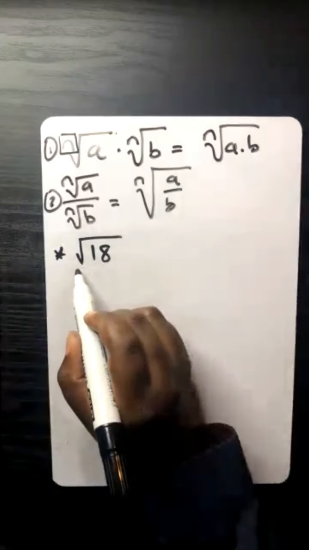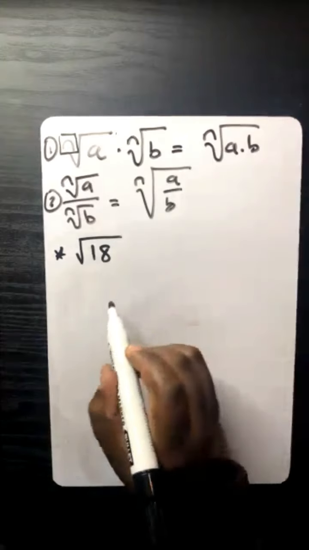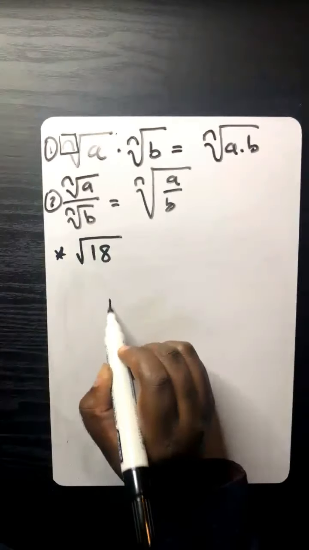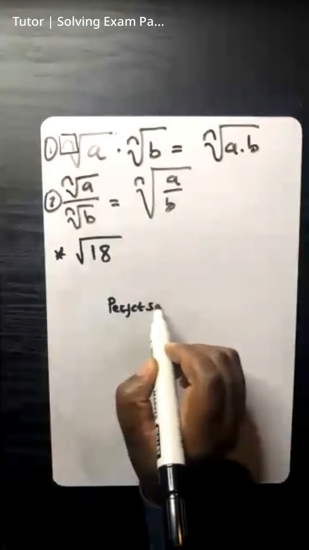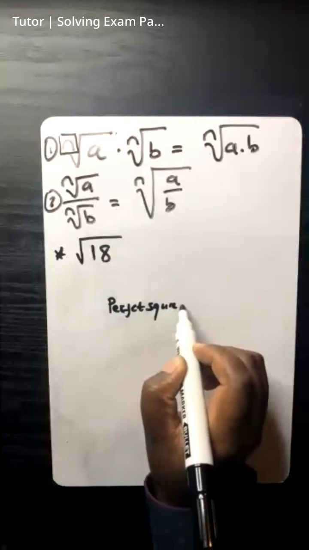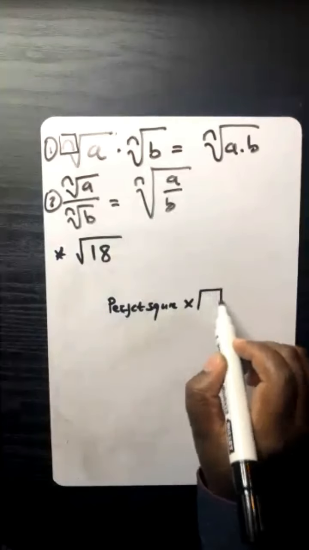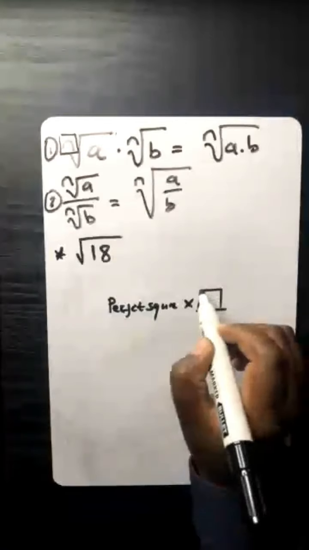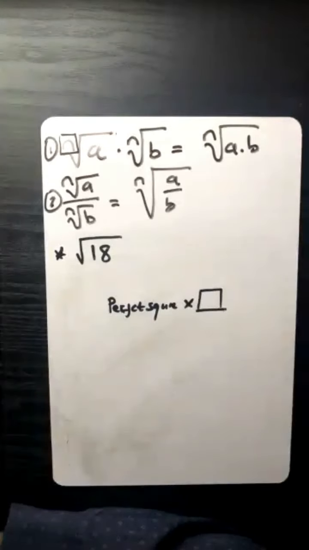Okay, so guys, with this type of problem, I think you want to have, what is it, Ntando? Is it a perfect square multiplied by whatever number can take you back to 18, isn't it? Yes, sir.